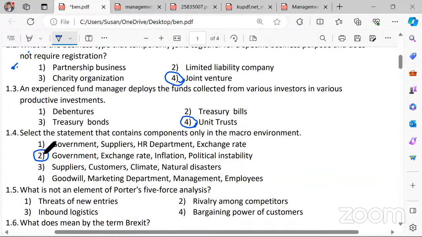Inflation, and the political instability. Supplier, customer, yes, that is in the micro environment. Climate, natural disasters, those are in macro, but the first two are not in the macro environment. Goodwill, that is internal. Marketing department, that is internal. Management, internal employees, internal. The fourth one, all are internal.